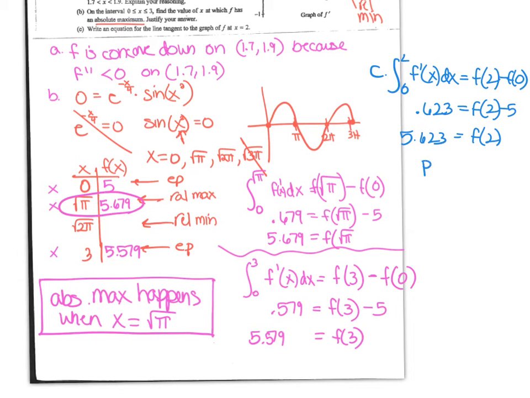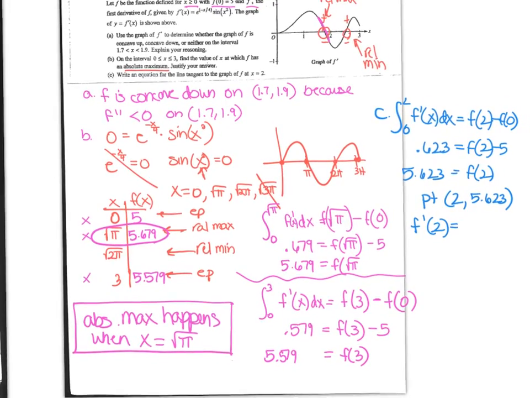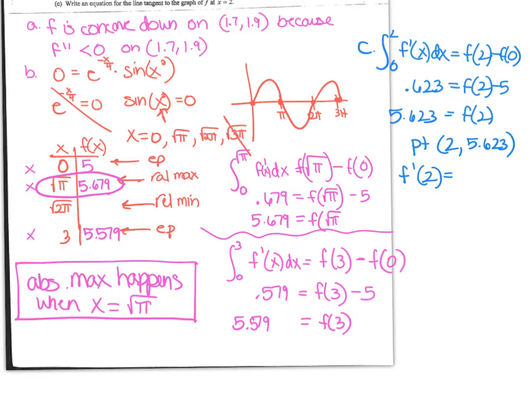So our point is 2, 5.623. And we need to find our slope. So our slope will be f prime of 2. So plug that in up into the function, e to the negative 2 over 4 times sine of 2 squared. And your slope will be negative 0.459.